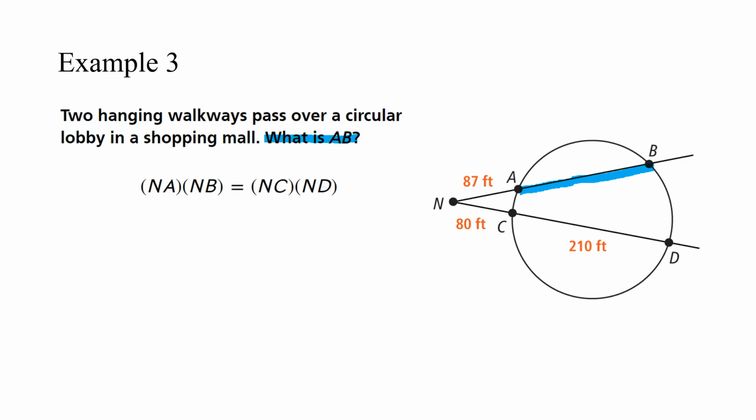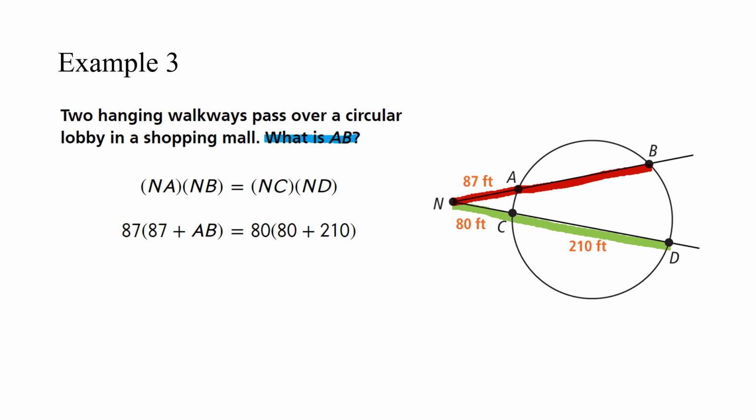Using the formula that we just saw, NA, which is the length outside of the circle, multiplied by NB, and notice that NB is the entire segment, is going to equal NC, which is the outside segment, multiplied by ND, which again is the entire segment at the bottom.